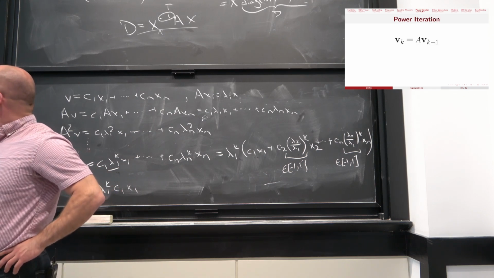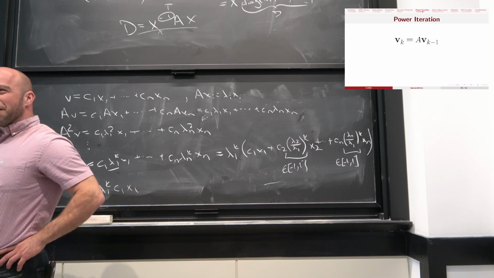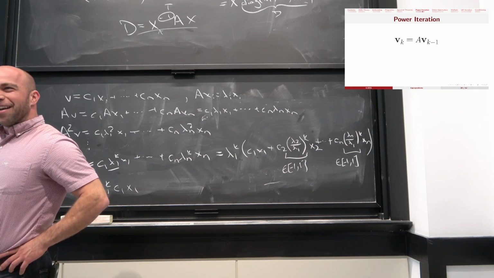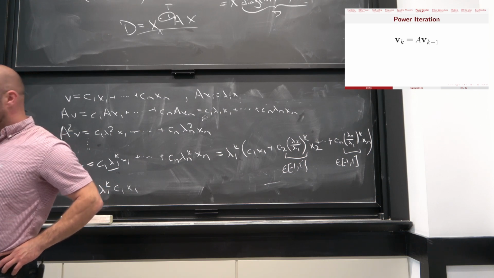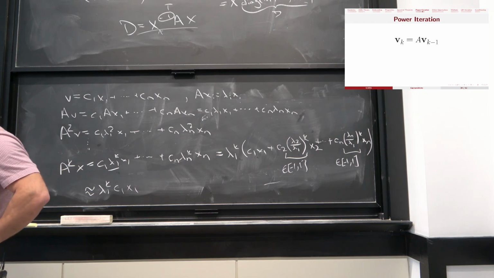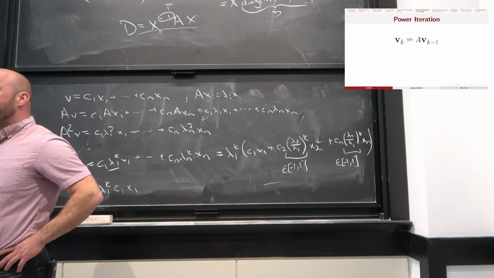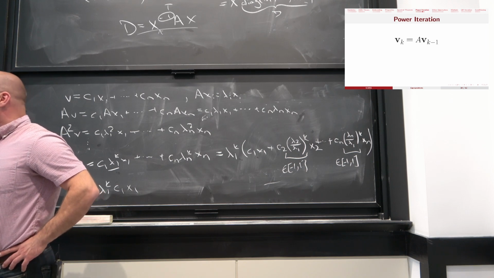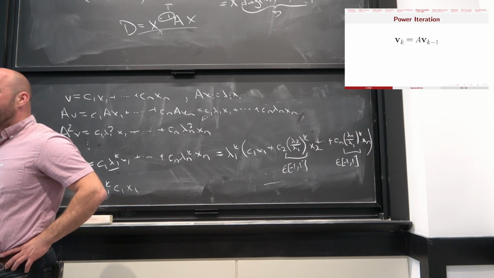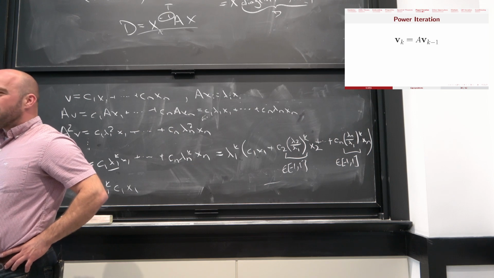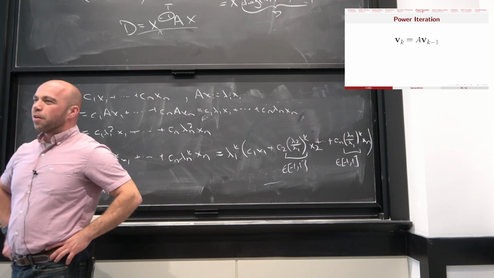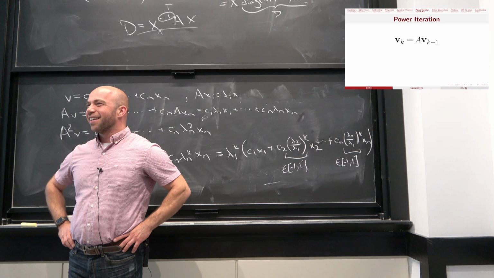It looks like this. vk is equal to A times vk minus 1, so vk is equal to A to the k times v0. And in particular, this thing converges to some multiple of the eigenvector. Now, is this a smart algorithm in practice, the way that I've written it on the board? Let's say my matrix is 1 by 1, and it is the number 2.